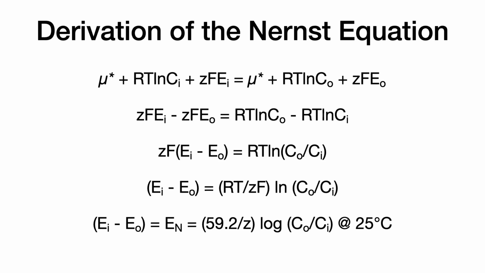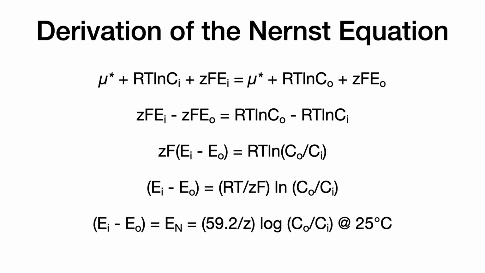And we can simplify this by combining like terms so that we have ZF times (EI minus EO), which is equal to RT times the log of the concentration outside divided by the concentration inside.